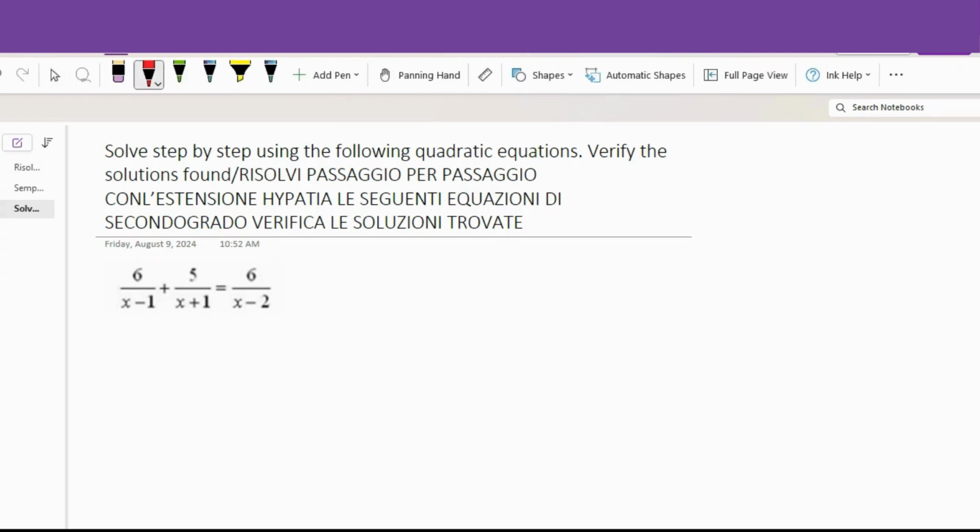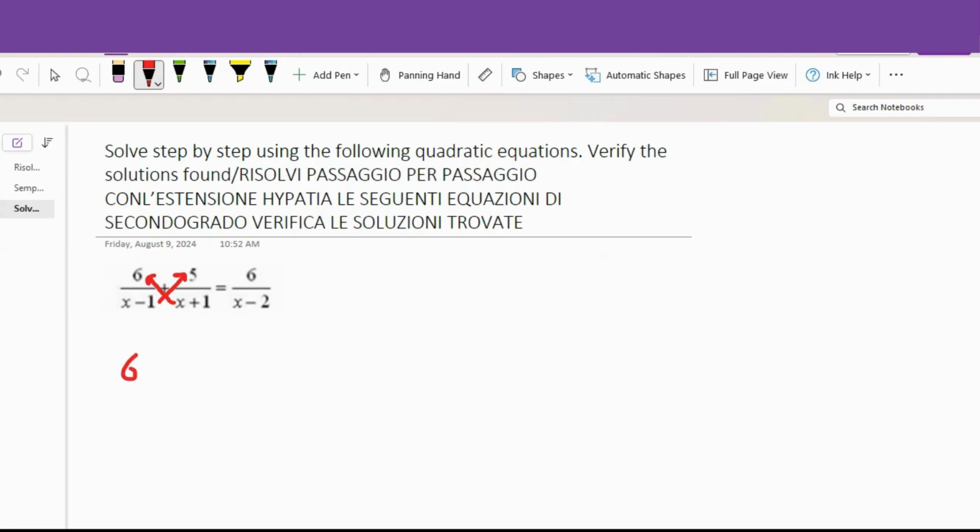As you can see, there are two numbers in the denominator, x minus 1 and x plus 1. So how can we have a common denominator and continue with the problem? We would multiply this with this and this with this, and just leave this side as it is for now. Let's continue.